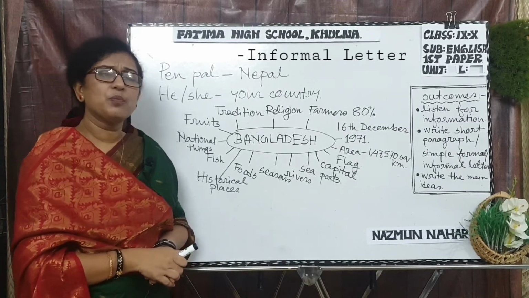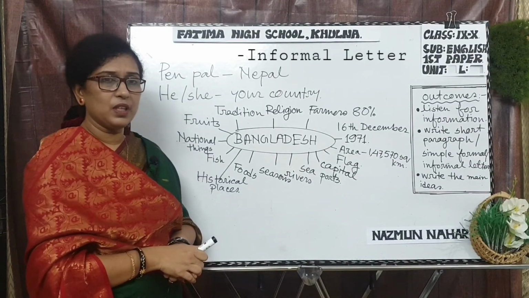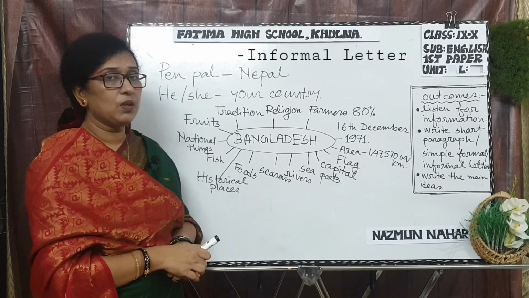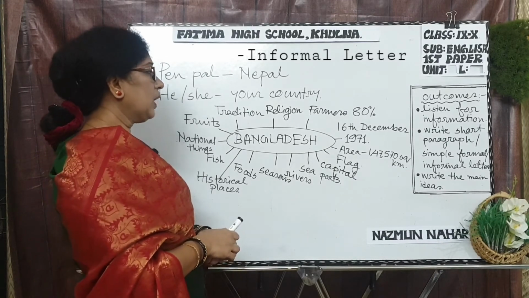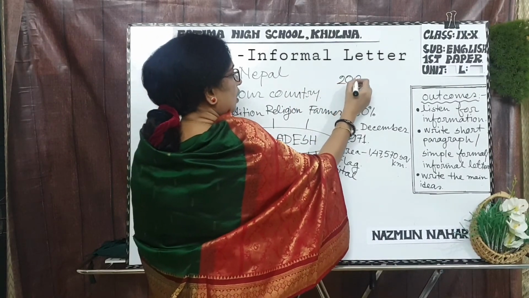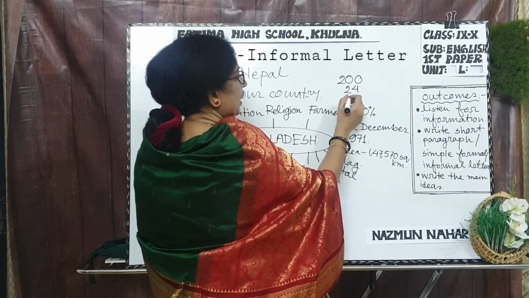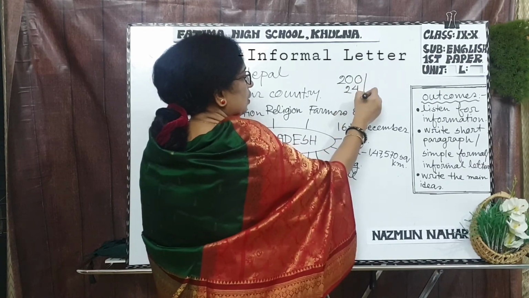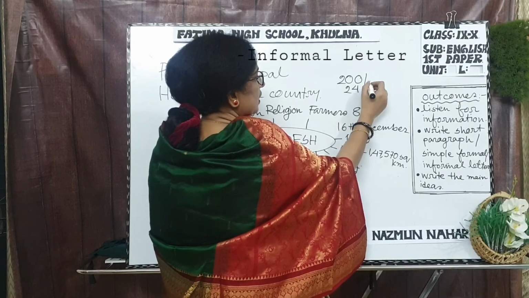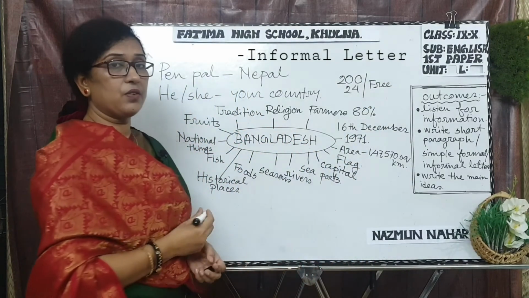We said that Bangladesh is a poor country. Nowadays this is not a poor country. We are going toward becoming a middle-income developing country. Inshallah we will achieve this, okay. But after 200 years of British rule and 24 years of Pakistani rule, we got our independence and we are a free and sovereign country.